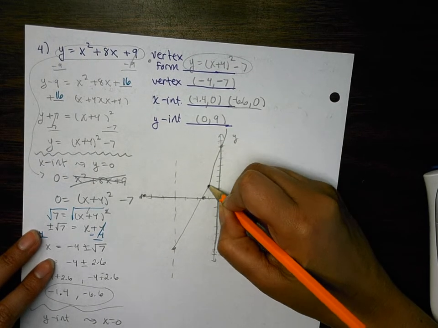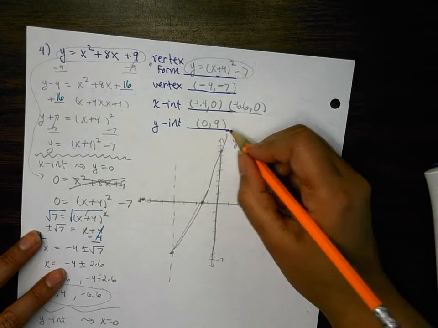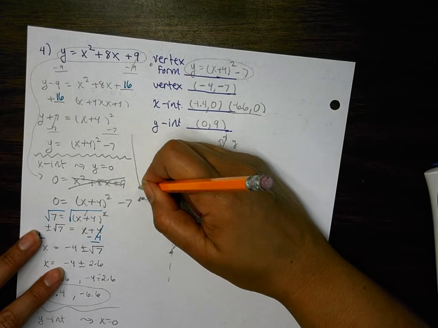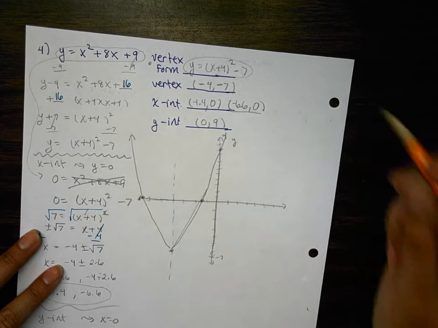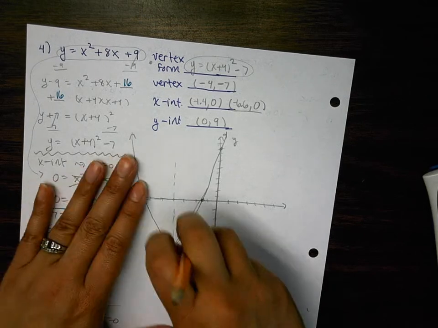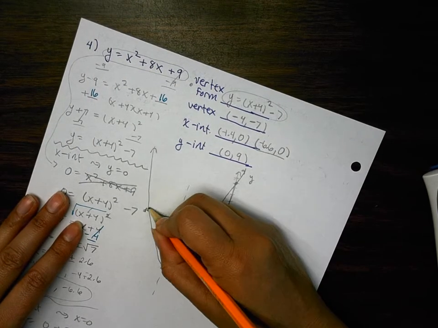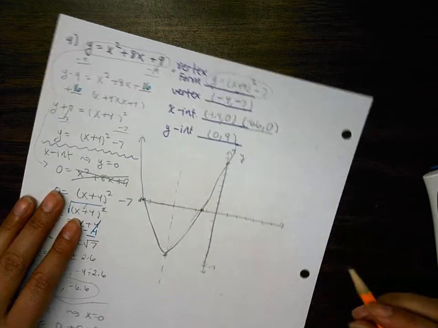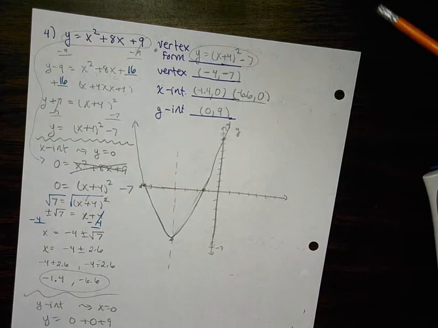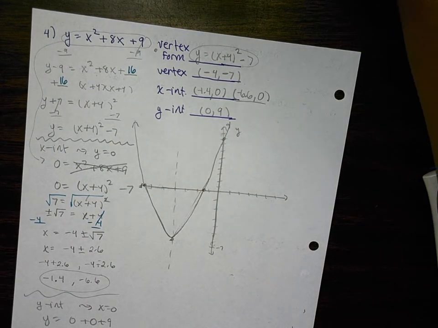And you graph. Okay, mine looks a little V-ish. It should be more U-shape. But does it make sense on how to do all this? Yes? Questions?